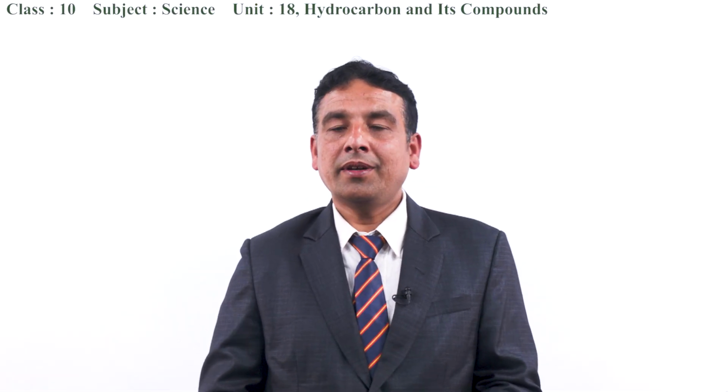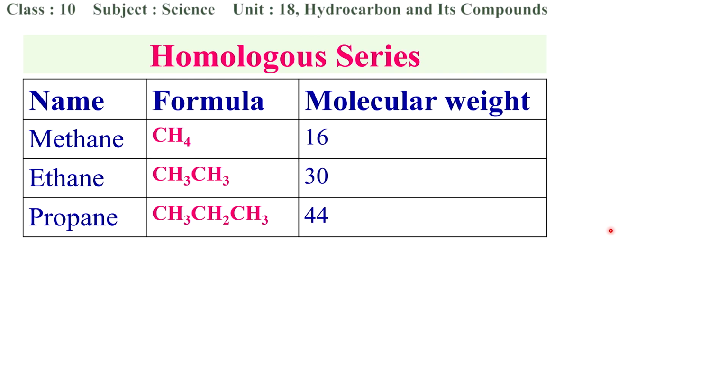Okay, another term is homologous series. Before defining this term, let's discuss the information given in the table. The names of the compounds have been given, like methane, ethane, propane.